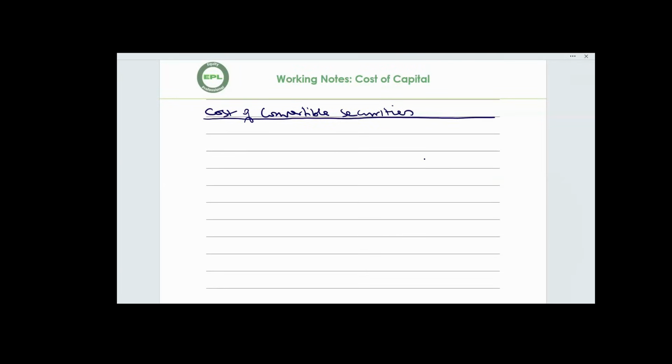That's the next thing we want to discuss. What do you mean by convertible securities? Let's talk about convertible securities before we talk about the cost of convertible. All right. So the convertible security, let me write that.